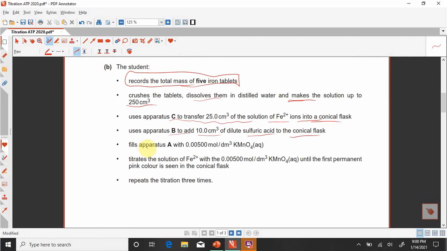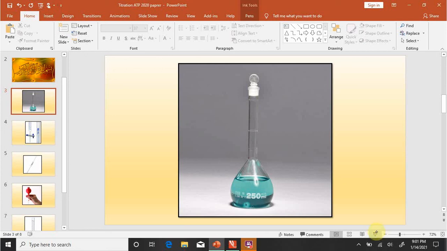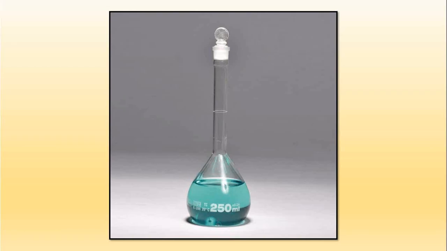Then the third point is that the student fills apparatus A with 0.005 mole per decimeter cube of KMnO4. So now look at this one. In this, the student is preparing the solution of the iron in the volumetric flask, up to 250 ml.